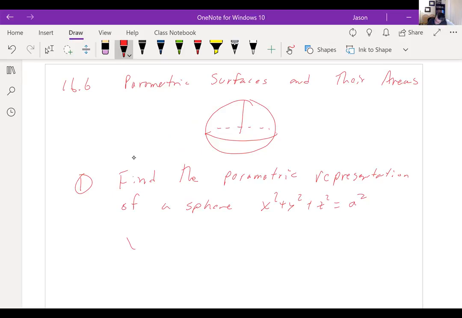We've got our point on the sphere, and R, with radius A. So again, we've got a point on the sphere here.